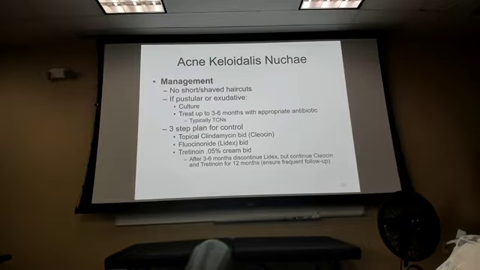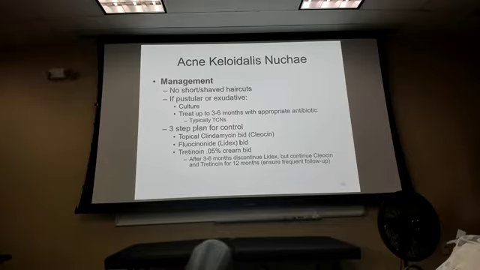Management, well, let's not have them have short shaved haircuts. If pustular or exudative, of course, we're going to culture that so we can see what we could use for treatment. Typically, we're using those tetracyclines. When we go into that 3-step plan for control, we're using some topical clindamycin, fluocinolone, and a retinoid such as tretinoin.